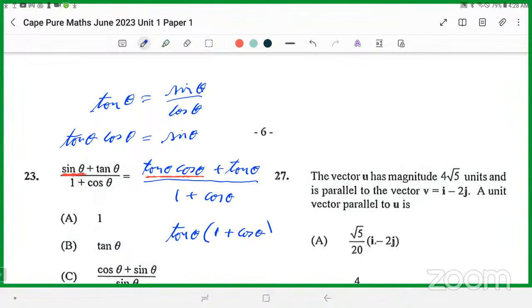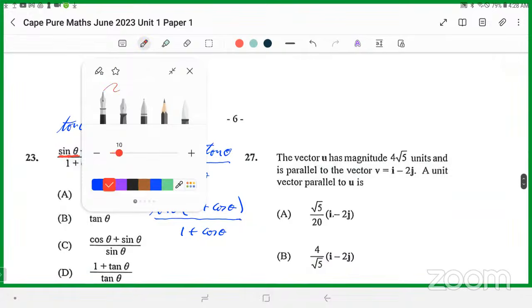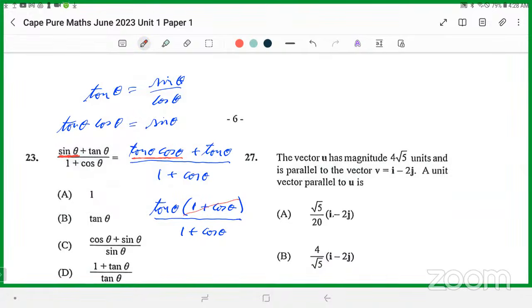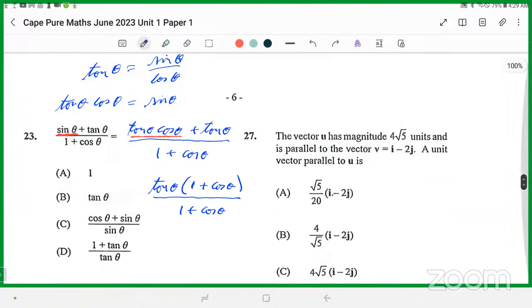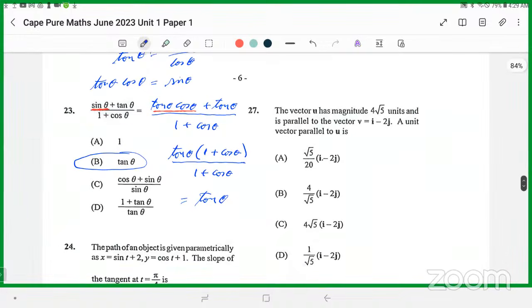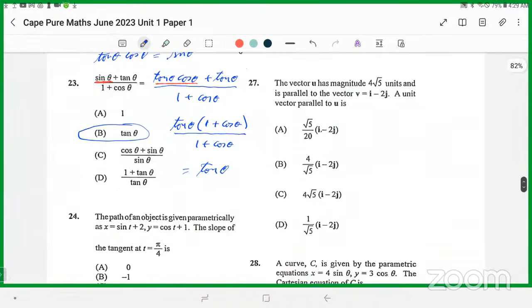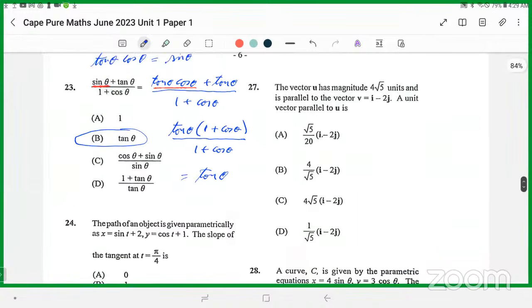I did it that way because that's what I have on the denominator. And then 1 plus cos theta cancels with 1 plus cos theta. So the result is tan theta. This is the answer right here. Nice and easy, tan theta. These two bracketed terms cancel each other.